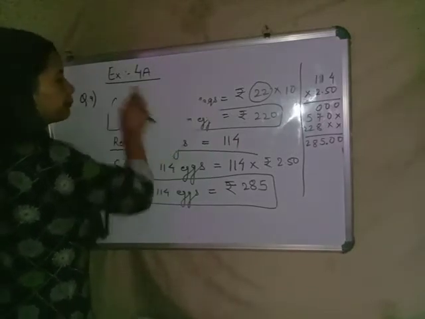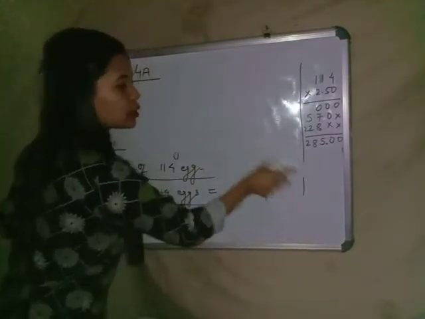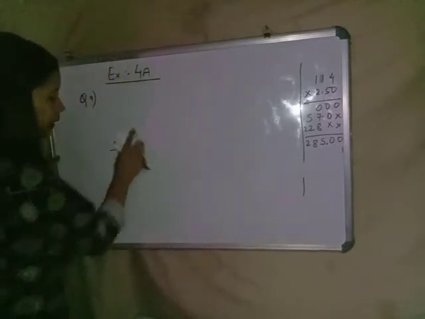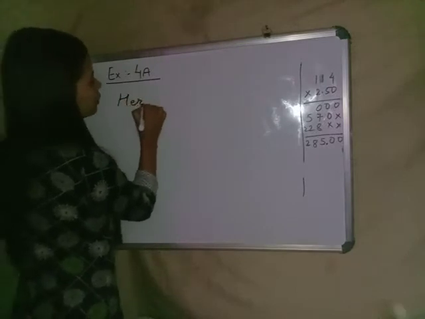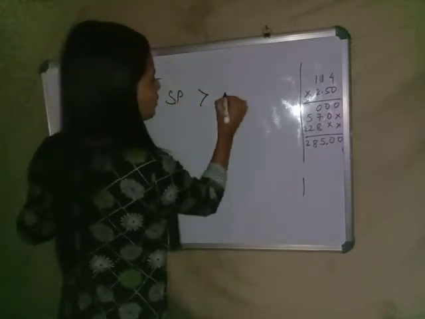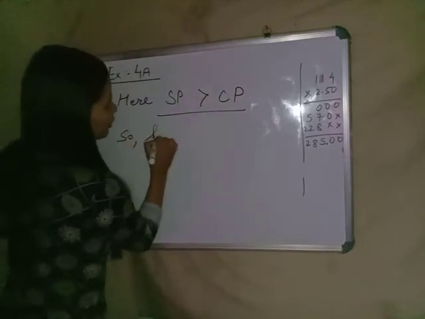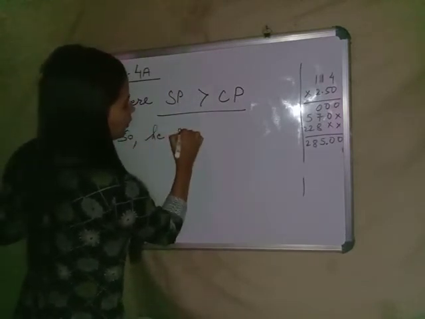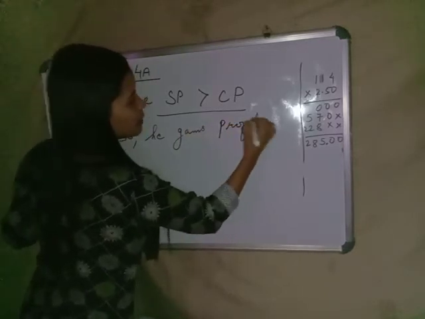So they bought the eggs at rupees 220, but when he sold them, he is getting 285 in total, right? So here selling price is greater than cost price. Yes. So he gains profit. So he is at profit.